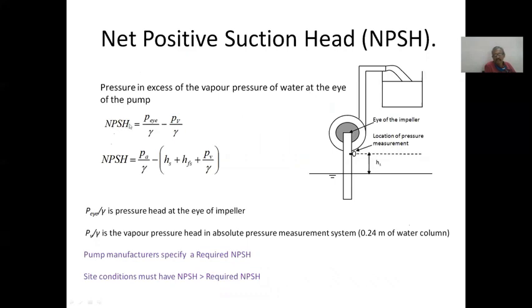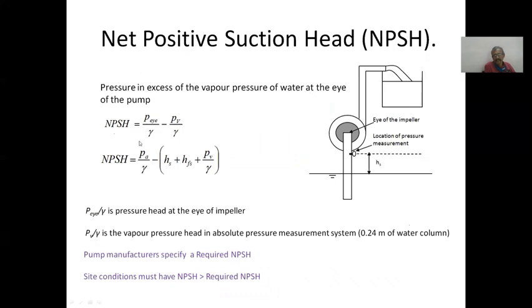For net positive suction head, based on this formula, by applying Bernoulli's theorem between your pressure head measurement at delivery and the suction pipe, using the values of delivery lift and friction loss in the suction, you can derive this equation.